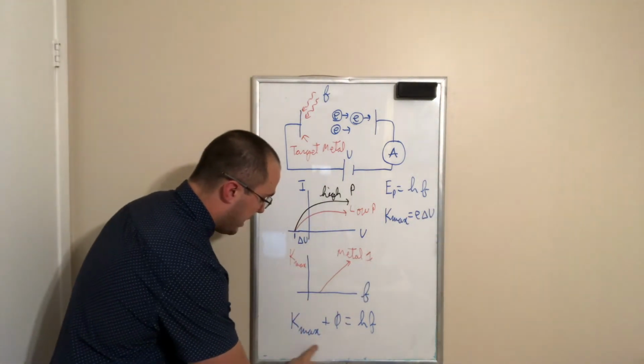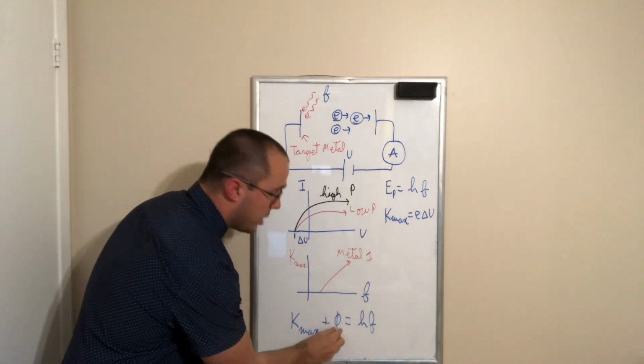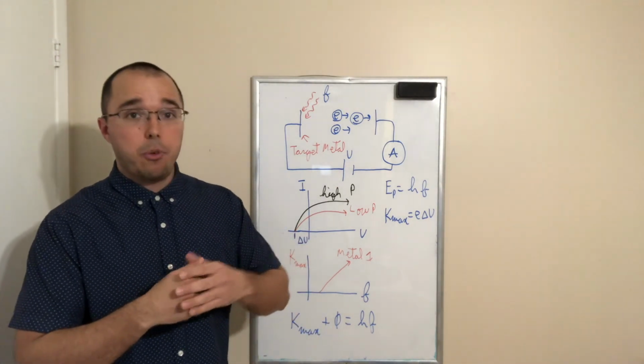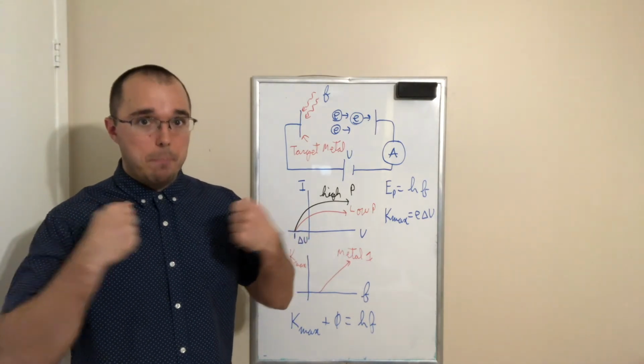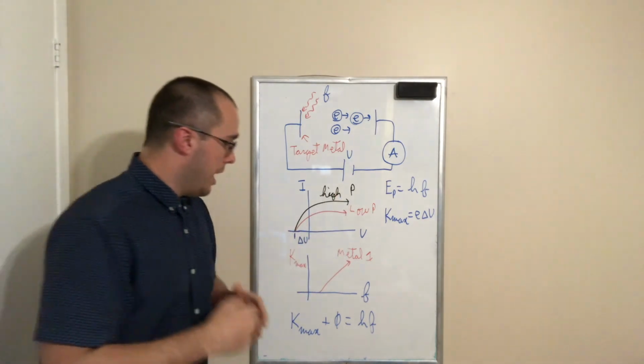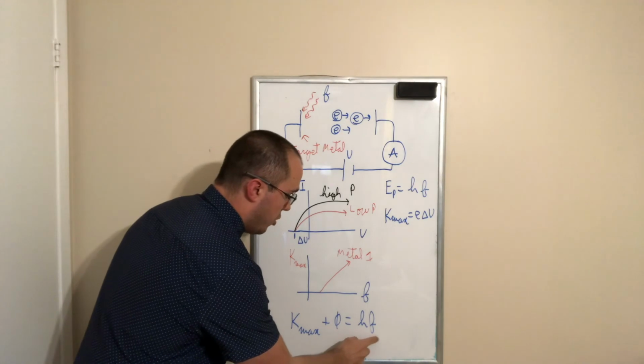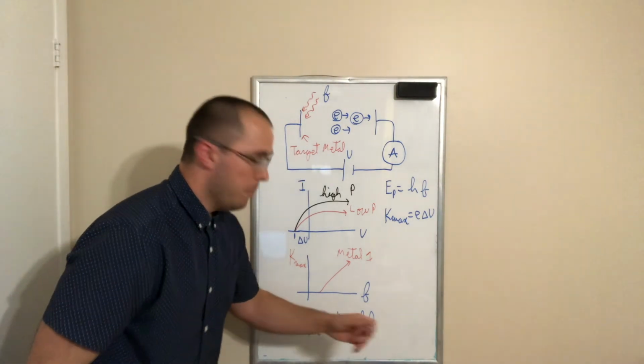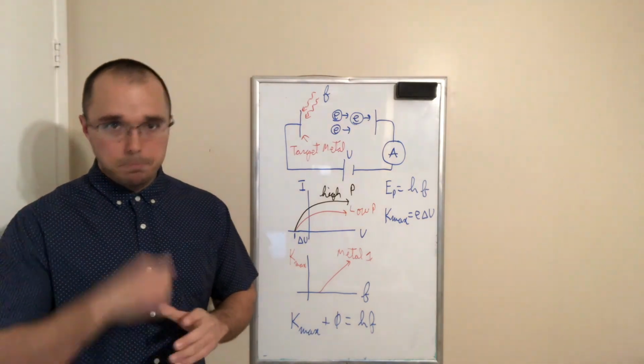So the maximum kinetic energy plus a value that we call the work function, it's really the energy needed to break free of the attraction of the metal on the electron, has to be equal to the energy of the photon. The energy of the photon is Planck's constant multiplied by the frequency.